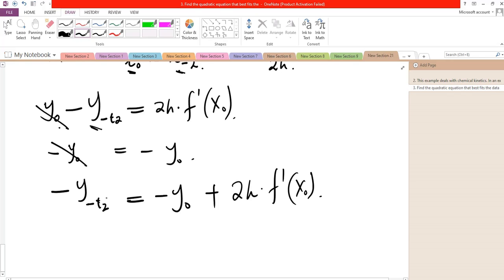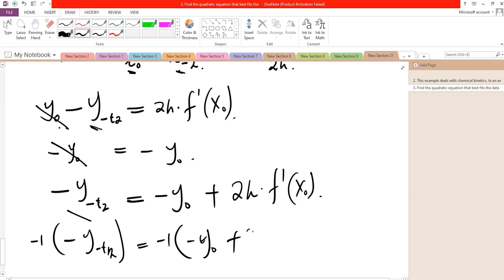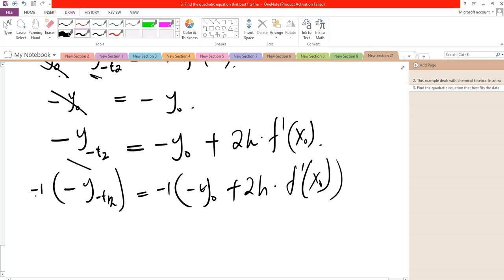Now here, if we multiply all through by minus 1, so minus 1 times minus y subscript minus t2 will give you y subscript minus t2, which will equal to minus 1 times minus y subscript 0, which will give you y subscript 0.